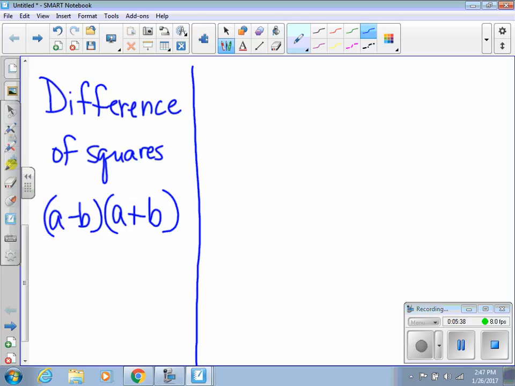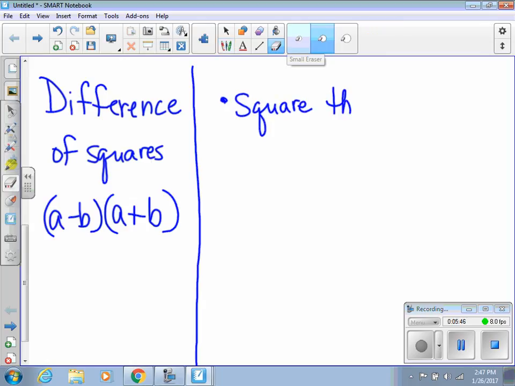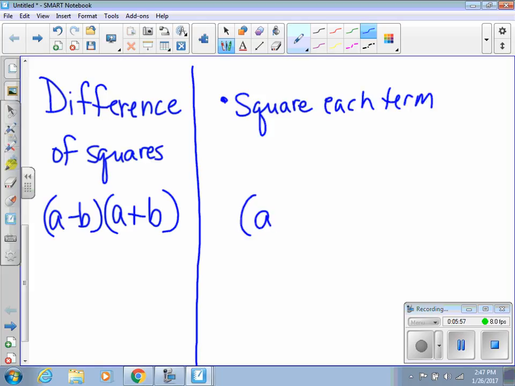You are going to square each term, and you're going to put a minus inside of it.